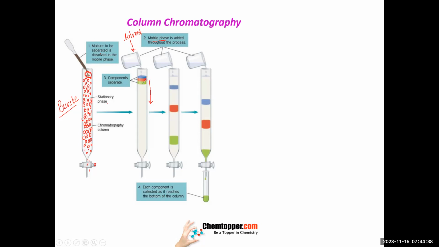Stationary will be the one which is not moving. Now tell me which one is more attracted to the mobile phase. See the change? The green, the red, or the blue? The solvent is moving faster down.